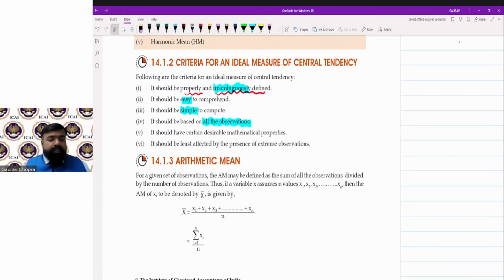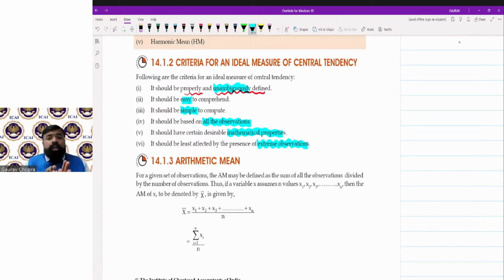Then it should have desirable mathematical properties, so that all its mathematical properties can be used and we can evaluate many decisions and calculations. And the last one is that it should be least affected by the presence of extreme observations.